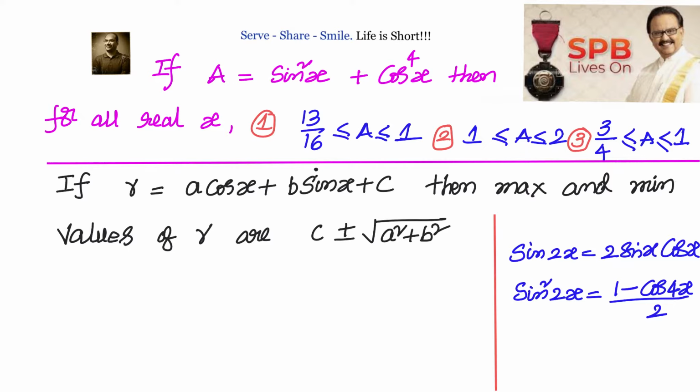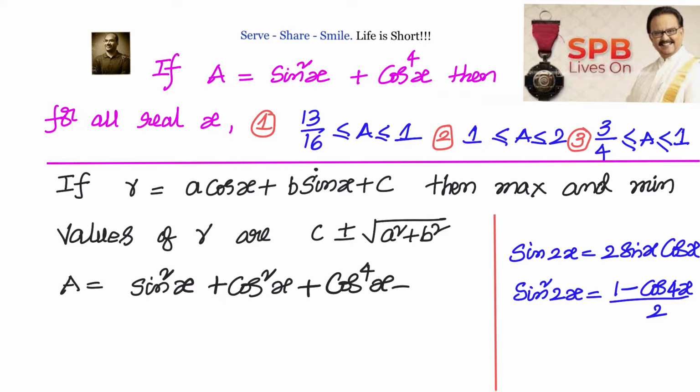We'll write down first a equals sin square x plus cos to the power of 4x. What I will do, I'll write it as sin square x plus cos square x plus cos to the power of 4x minus cos square x, because I know sin square x plus cos square x is 1.